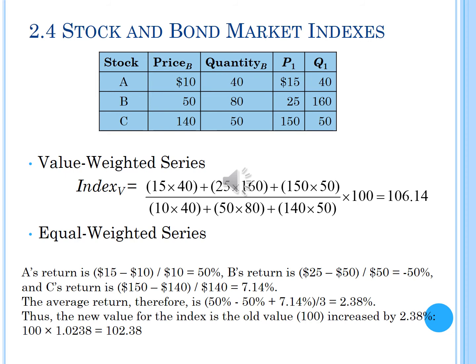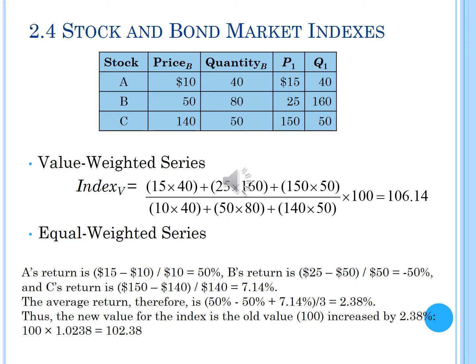So we take the new prices and quantities of each of the three stocks and divide them by the old prices and quantities of the three stocks, and then we multiply that fraction by the old value of the index, which was 100 in this example. This calculation will give us the new value weighting for the index of 106.40.